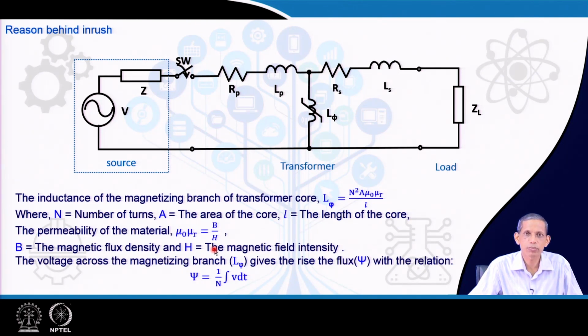We know the BH curve for the particular magnetic core of the transformer.